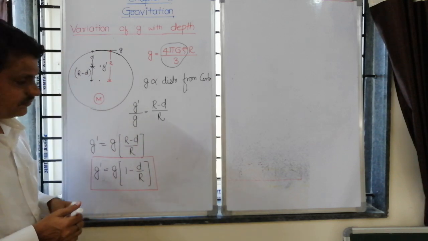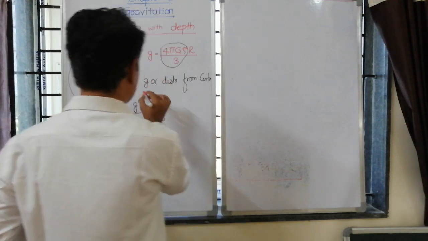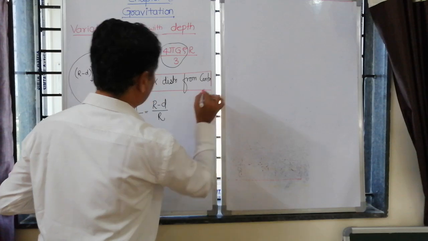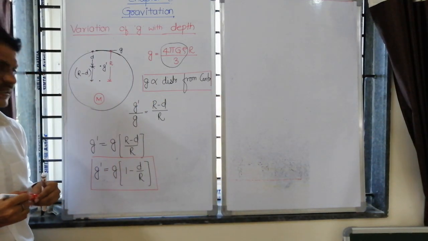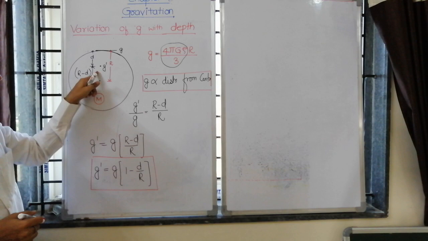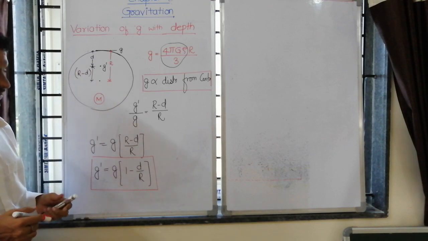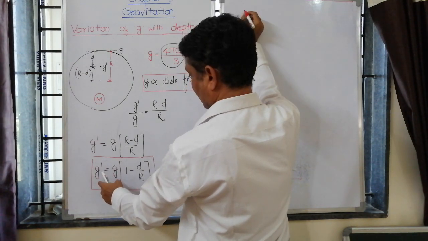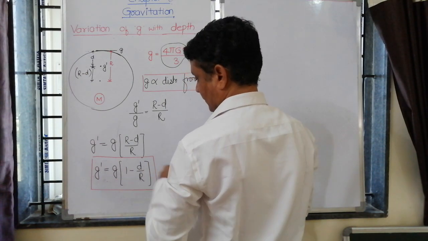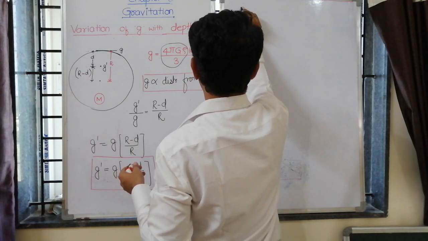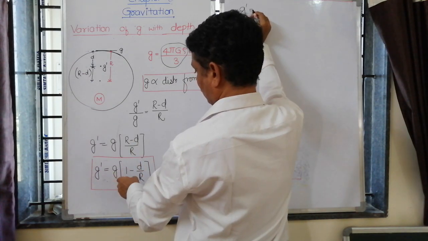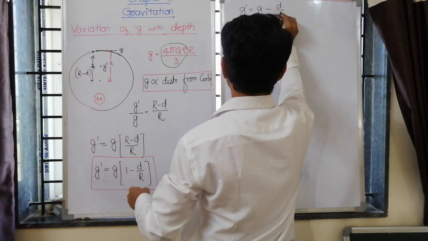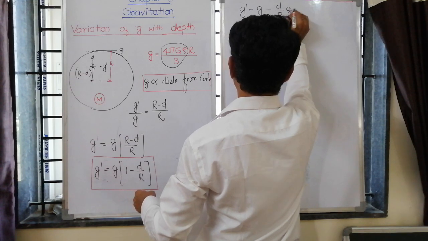Okay. Now questions. As I told, g is directly proportional to distance from the center. As this increases, g also increases, right? So first, if I want to take the percentage change: g dash is equal to g into 1 minus d by r into g.